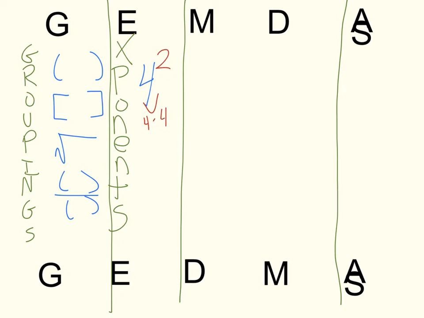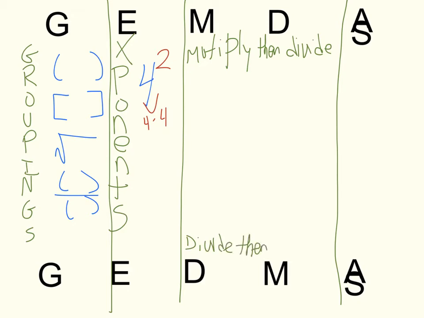So I'm going to write multiply, then divide, and I'm going to write divide, then multiply, because we are going to be following both scenarios.